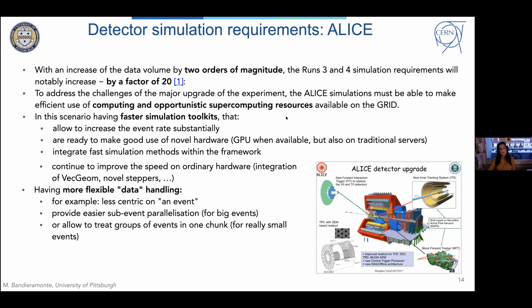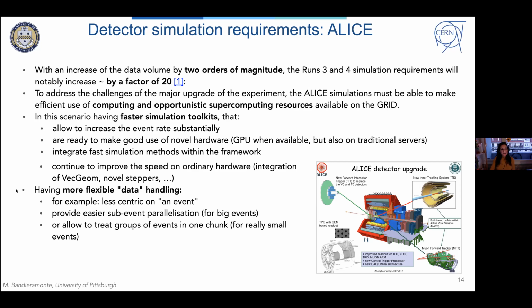In this scenario, a requirement will be to have a faster simulation toolkit that could, in principle, increase the event rate substantially and also make good use of novel hardware. At the same time, it is important to continue to improve the speed on ordinary hardware, for example with the integration of VecGeom that is planned, novel steppers which are being developed, and some other very interesting ongoing developments.